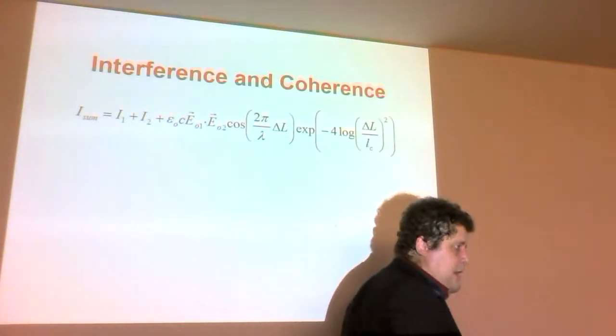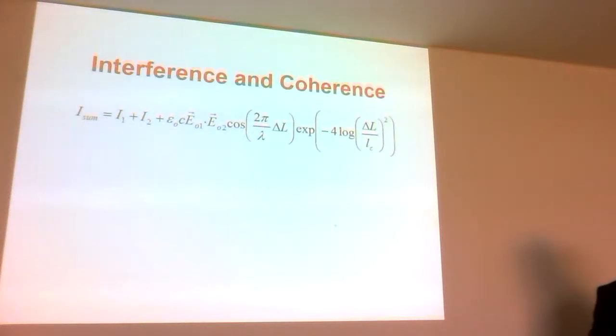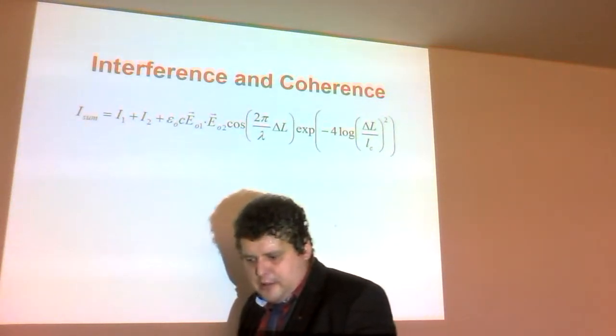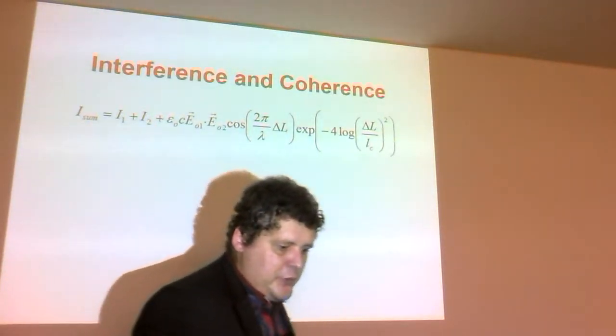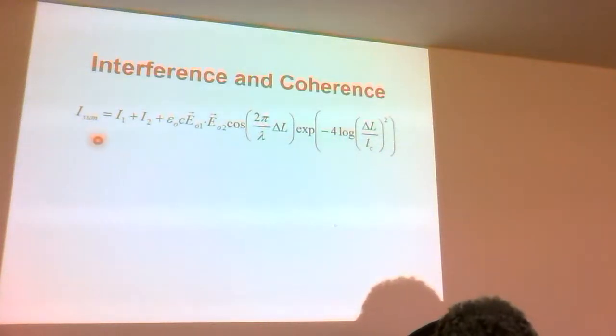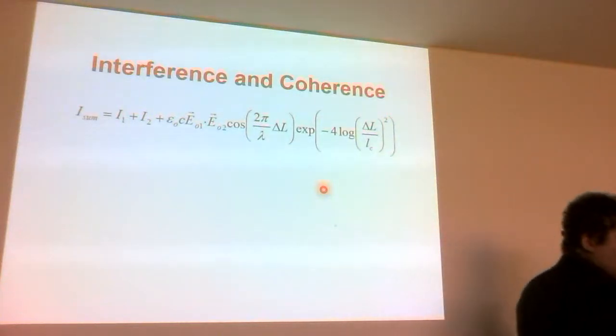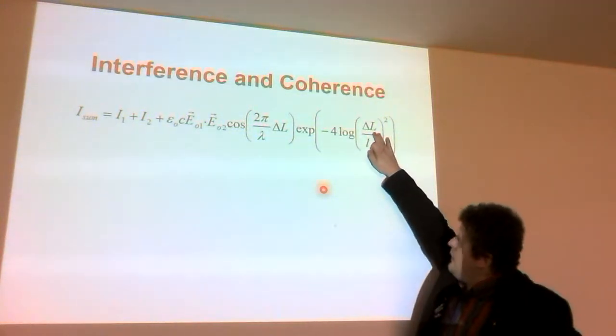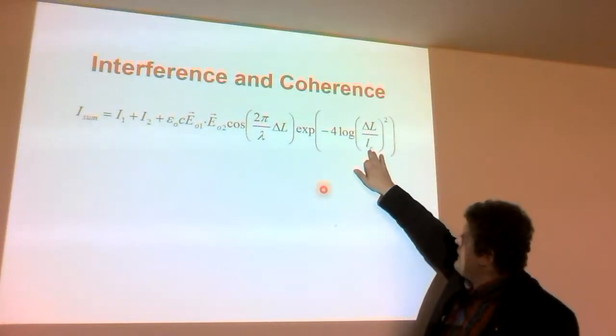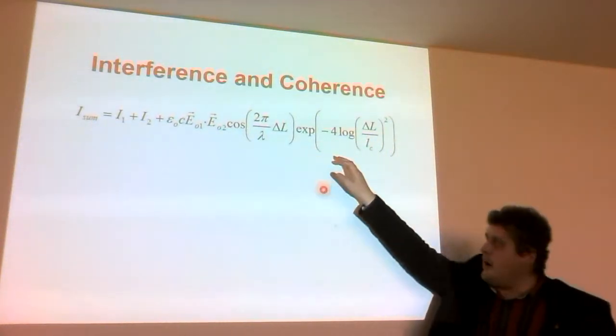The other important issue here is the coherence. I will have a talk about coherence in more detail in the next part. But from a mathematical point of view, when we consider the interference of two waves, we should add a term that relates the path length difference between the two waves to the coherence length.